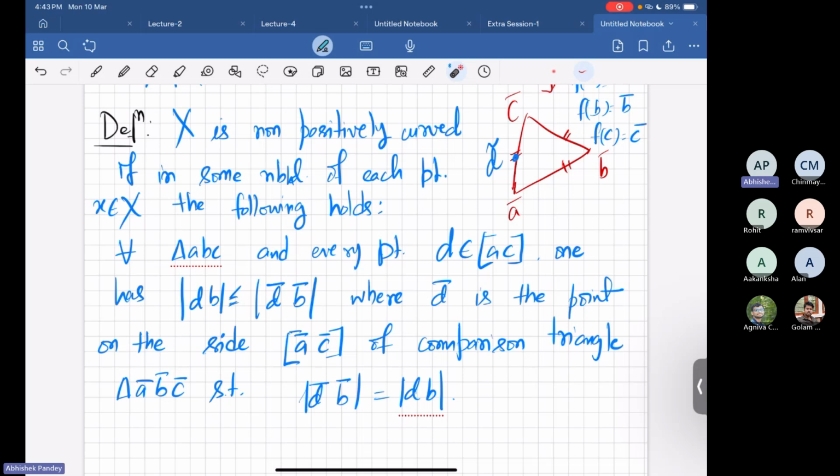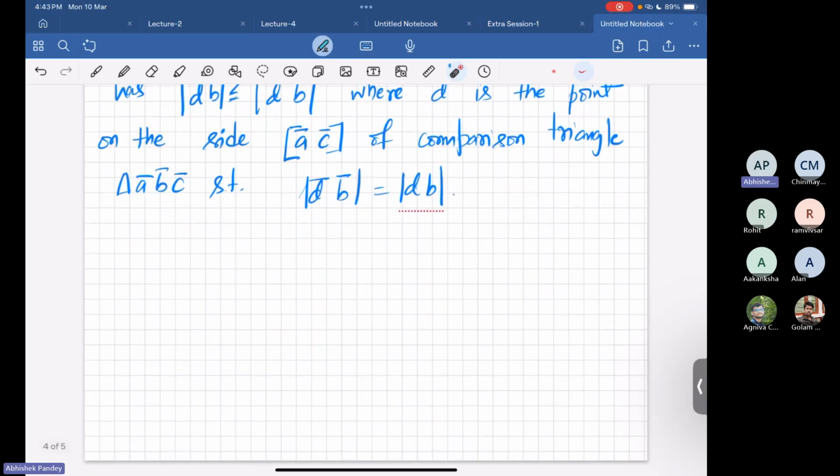And basically, this is going to give us the definition of CAT(0) spaces. And we will generalize this in a more general setting for any real number kappa, which will be known as the CAT(k) condition.